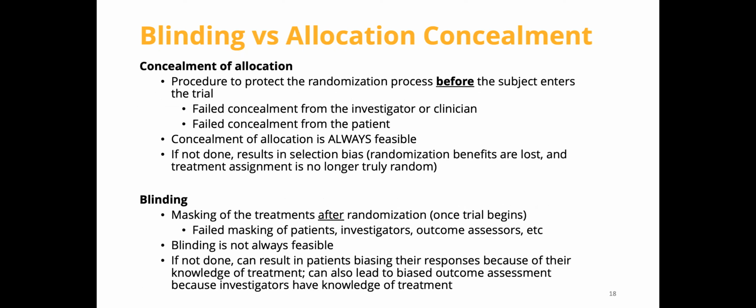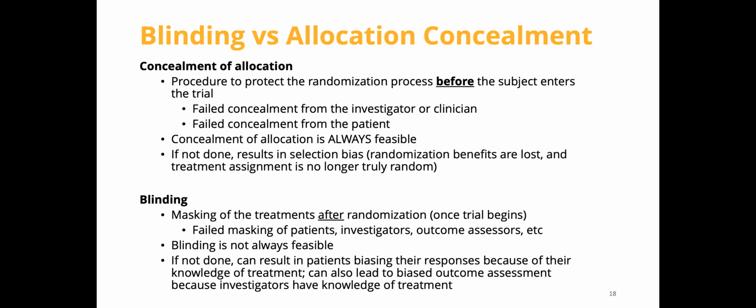There can be failed concealment from the investigator or the clinician, and failed concealment from the patient perspective. But it's important to point out that concealment of allocation is always feasible. There's no reason that a clinician or an investigator or a patient needs to know whether the next patient being enrolled in the trial will be part of the intervention or control group.